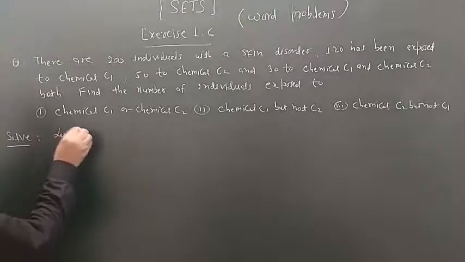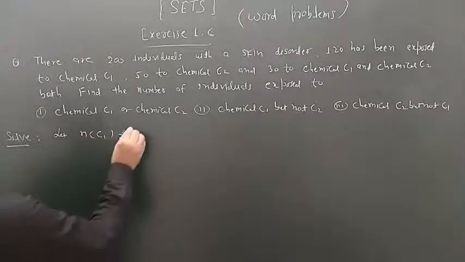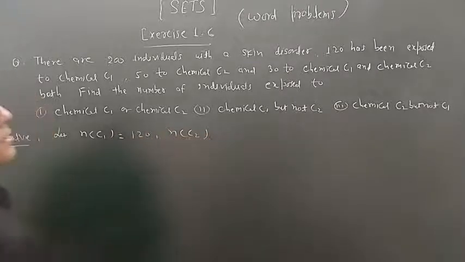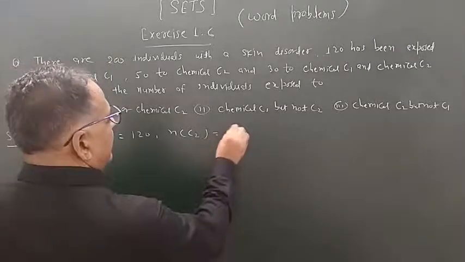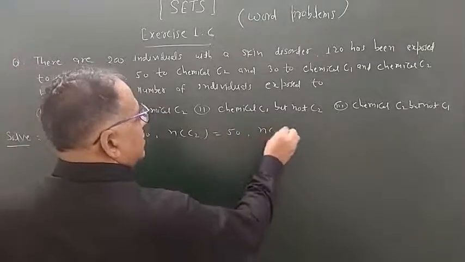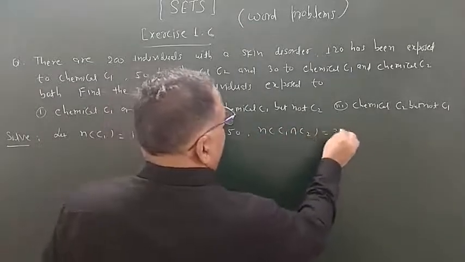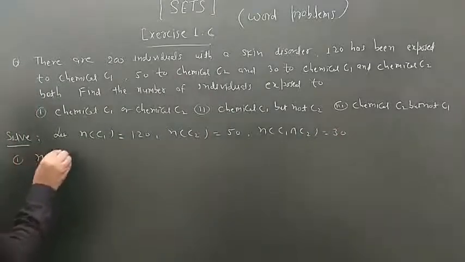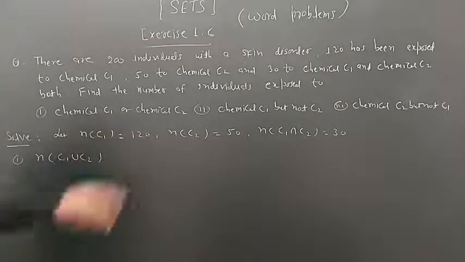Let n(C1) be 120 individuals exposed to C1, 50 individuals exposed to C2, and 30 individuals exposed to both. The first part of the question, n(C1 union C2), exposed to chemical C1 or chemical C2.